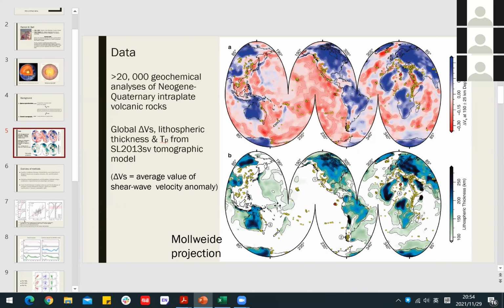For example, in the western coast of South America, there are quite a few. Yes, right, it's in the Pacific Ocean, so maybe we can ask the author later how they define the sample location. Some of them clearly fall within the ocean.